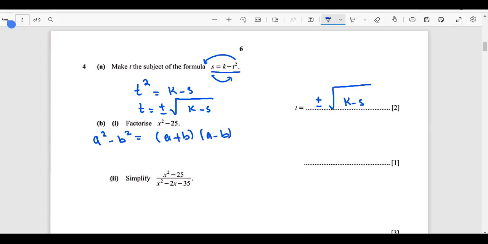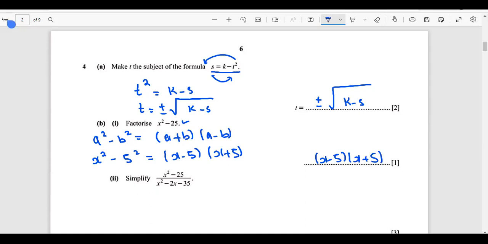So I can write x squared minus 25 as x squared minus 5 squared, and this would give me x minus 5 into x plus 5. This is going to be your answer.